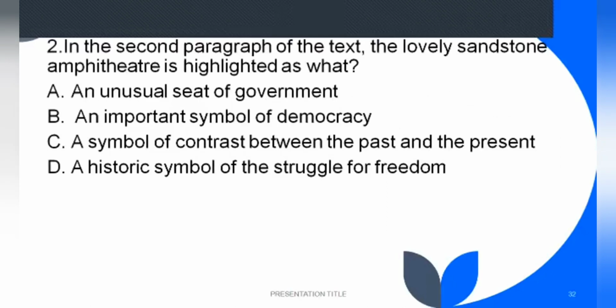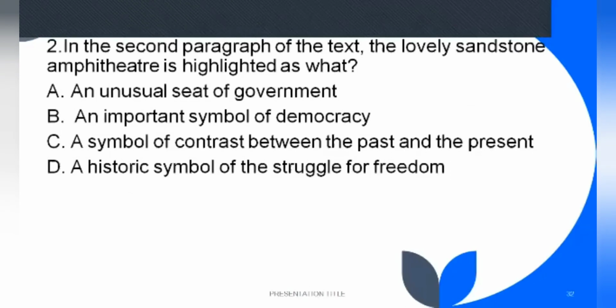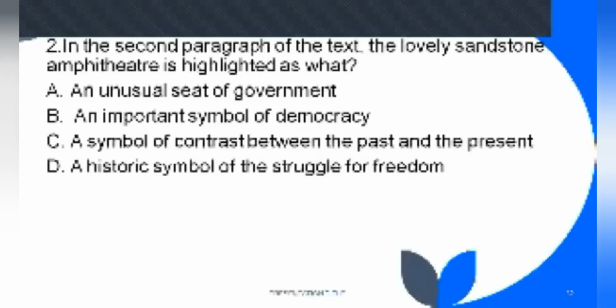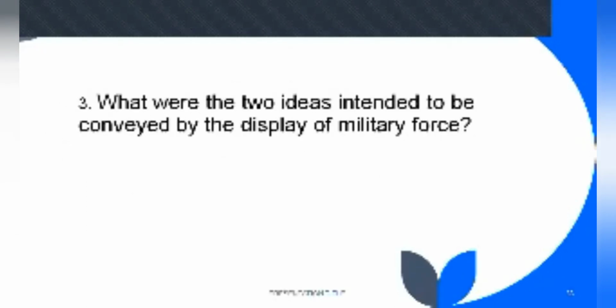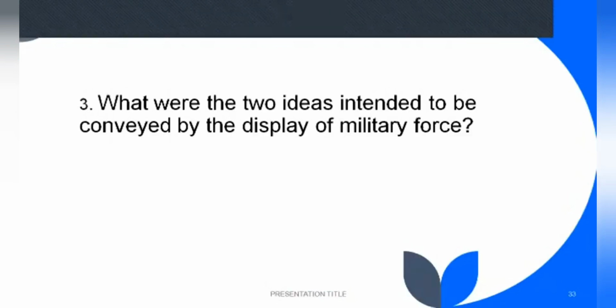In the second paragraph of the text, the lovely sandstone amphitheater is highlighted as what? An unusual seat of government, an important symbol of democracy, a symbol of contrast between the past and the present, a historic symbol of the struggle for freedom. So here it's an MCQ type. What were the two ideas intended to be conveyed by the display of military force?